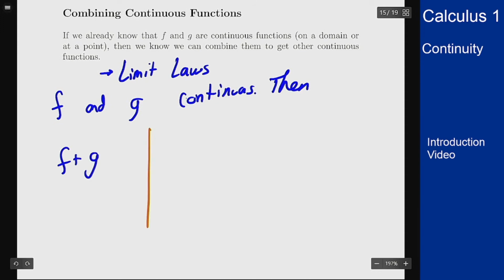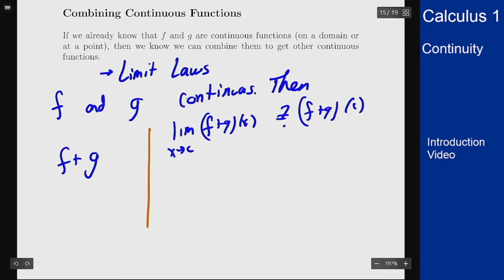Well, let's break that down in terms of limits. If this were to be continuous, I would want the limit as x goes to c of the function (f plus g)(x) to equal (f plus g)(c). But this is the same as the limit as x goes to c of f(x) plus g(x).